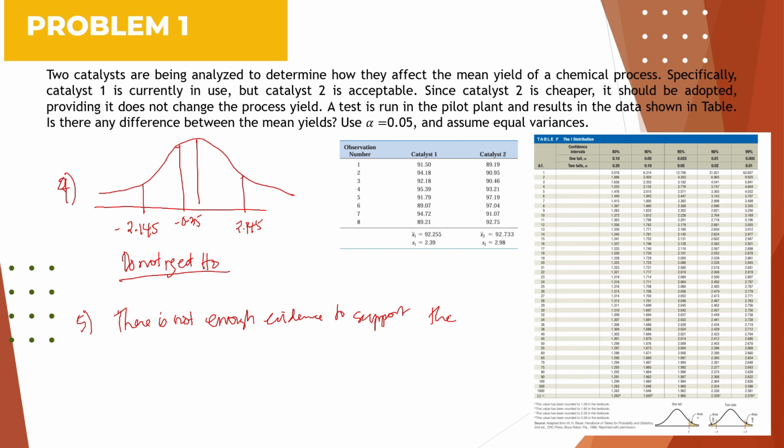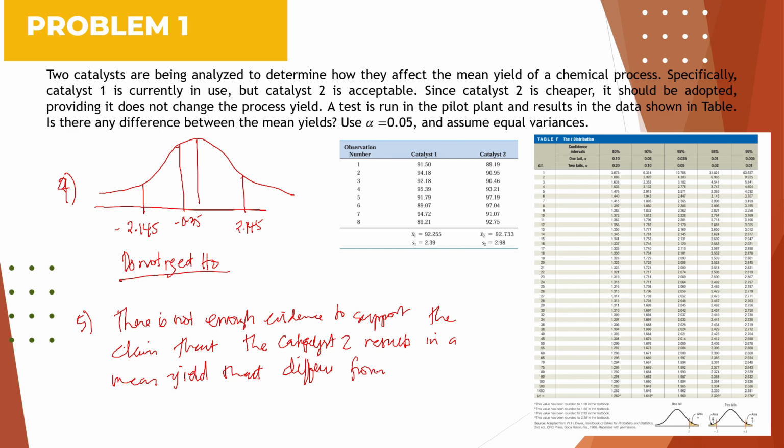So what is the claim? The claim is that catalyst 2 results in a mean yield that differs from the mean yield when catalyst 1 is used.